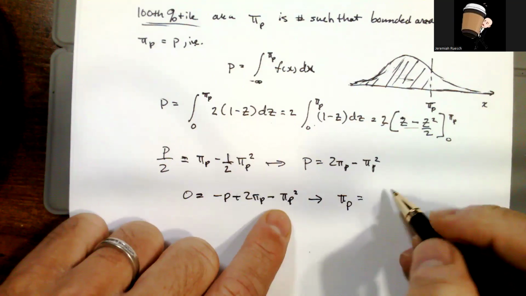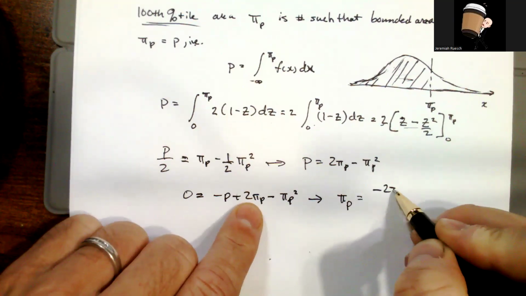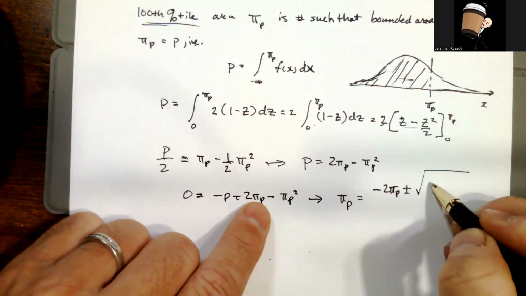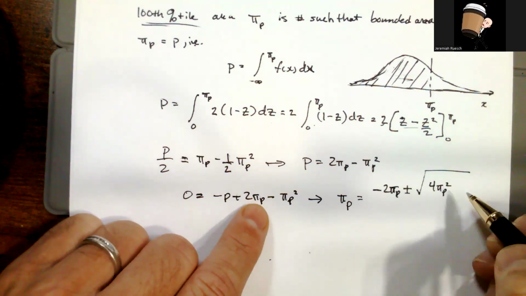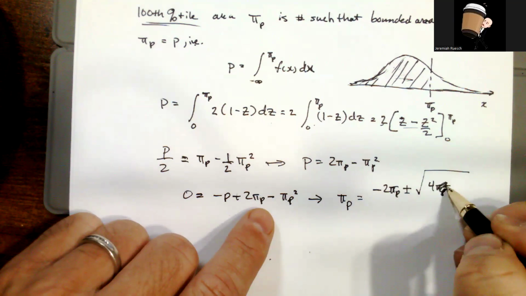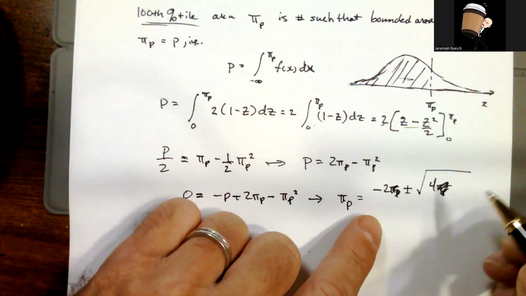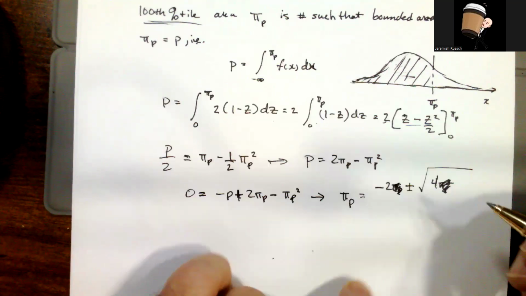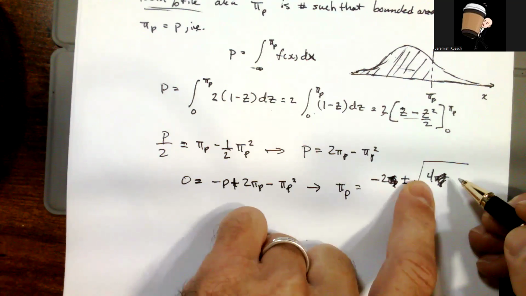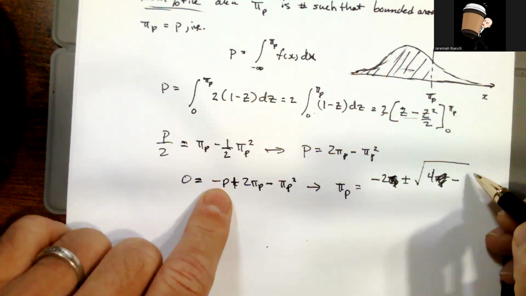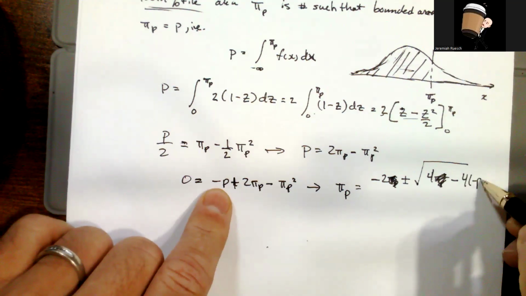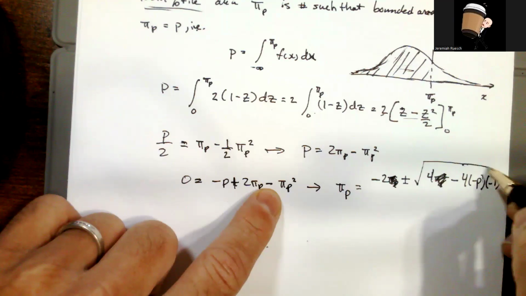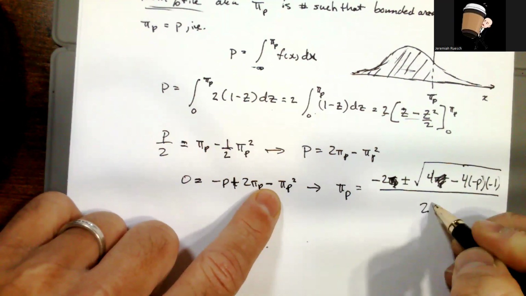Pi p is equal to the opposite of b, so negative 2, plus or minus the square root of b squared, which is 4, minus 4 times a times c, so a negative 4 times negative p, since a is negative 1, all over 2 times a negative 1.